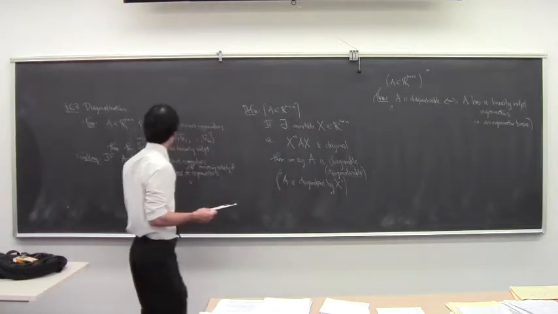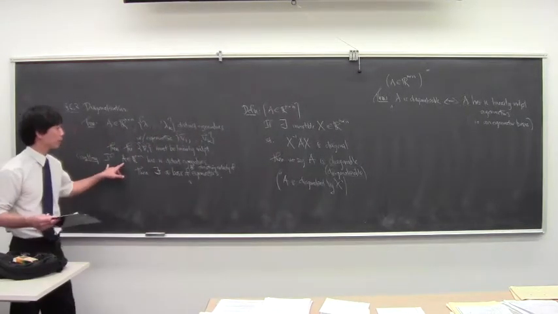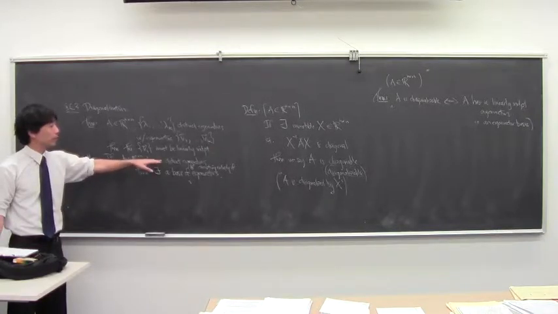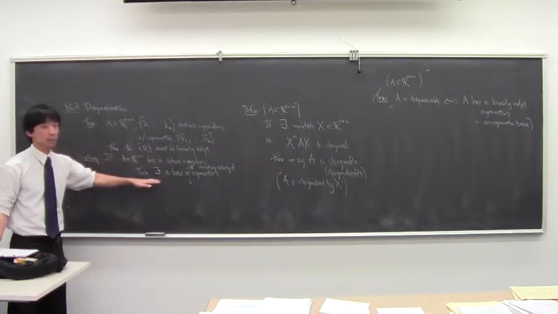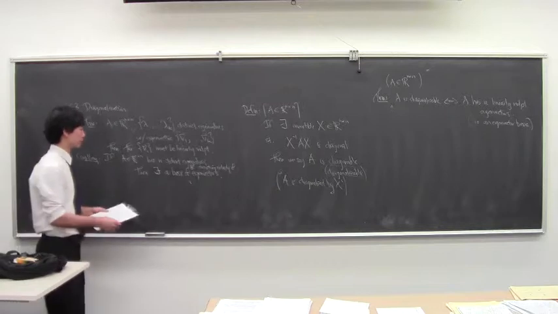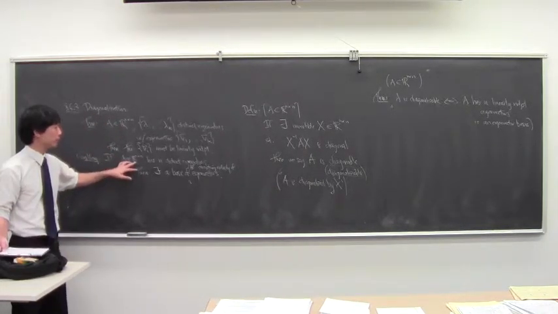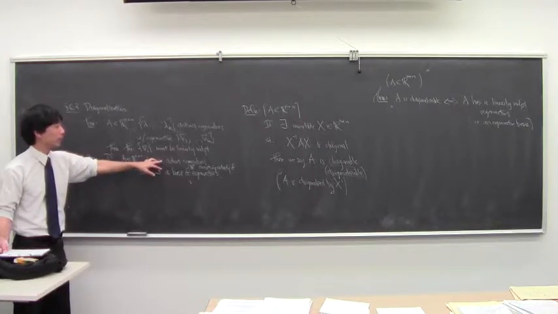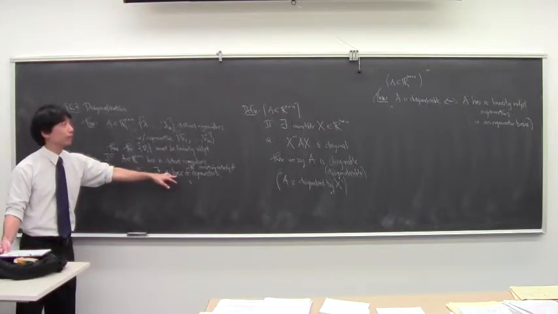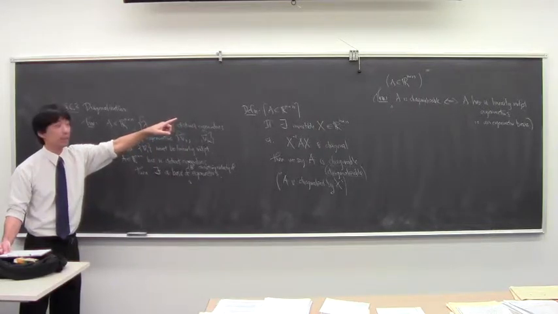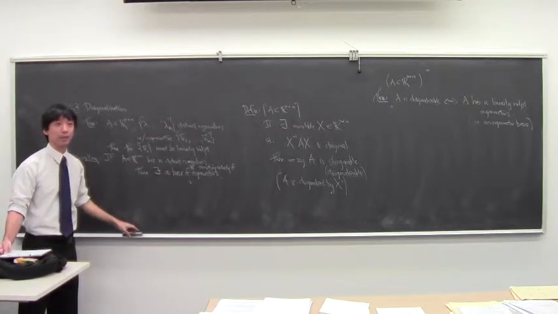So our corollary says that if you have n distinct eigenvalues, then you're diagonalizable. If you have n distinct eigenvalues, then you have a basis of eigenvectors, and having a basis of eigenvectors is equivalent to being diagonalizable.